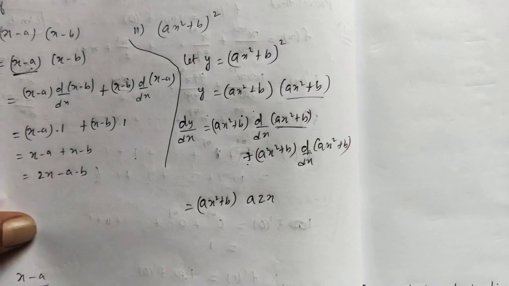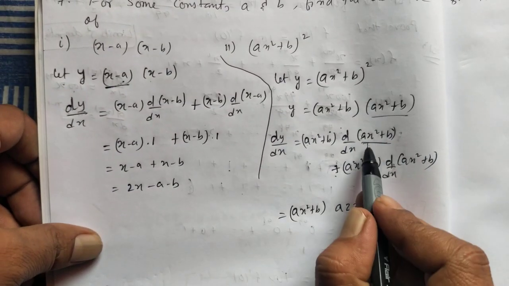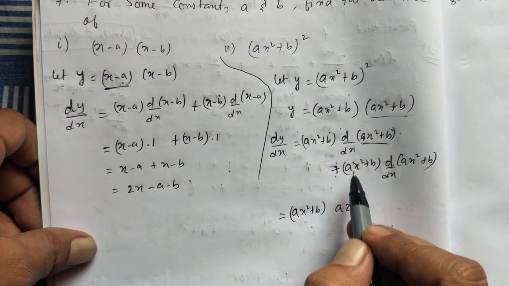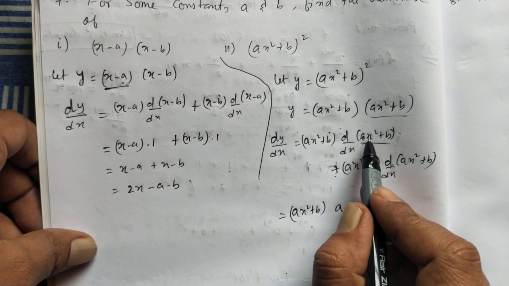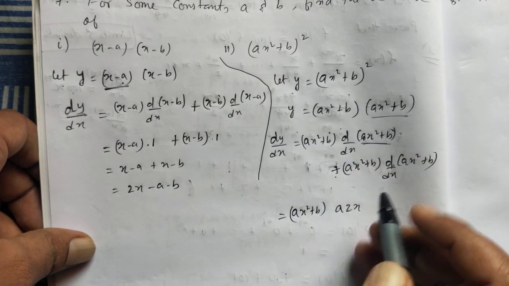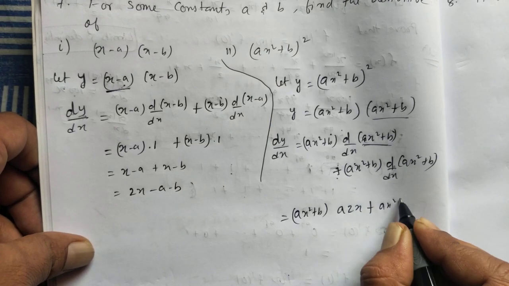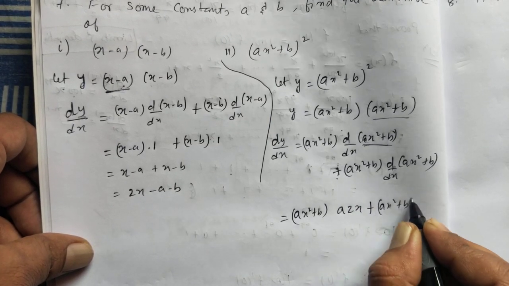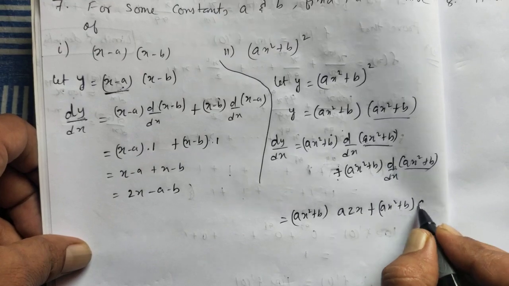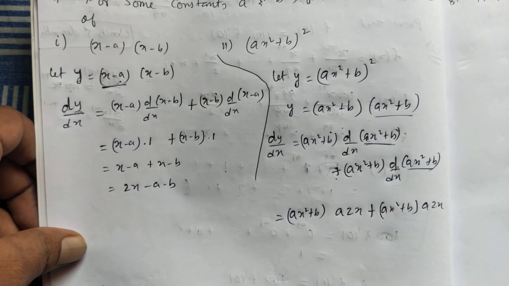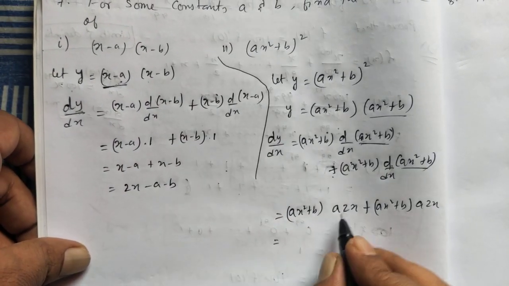So when we are deriving ax square, a is constant, I'm writing as this, and this is for x square, we get 2x. Similarly here, ax square plus b, when you derive this, we'll get 2x. a was constant, keep as it is. Now you can multiply.